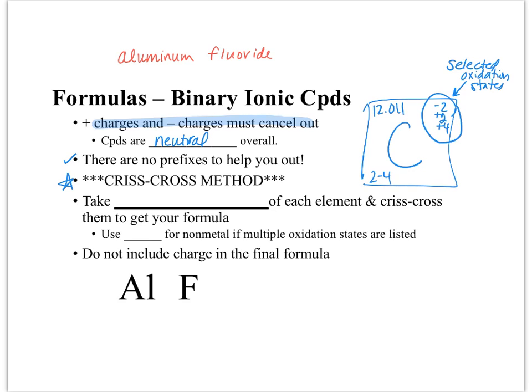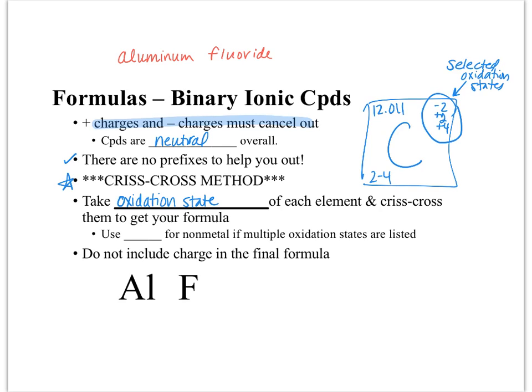So at this point in the year, you would think of those as the different charges that that particular element could make. Okay? So what you're going to do is you're going to take the oxidation state of each element and you're going to crisscross them to get your formula.